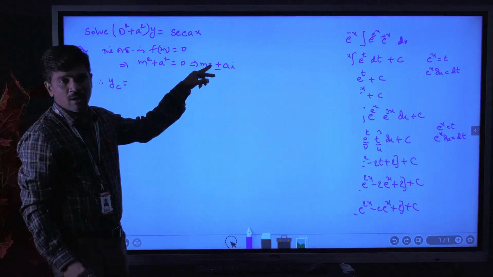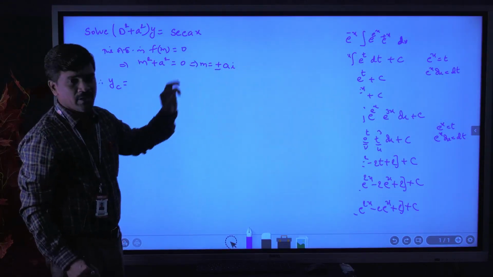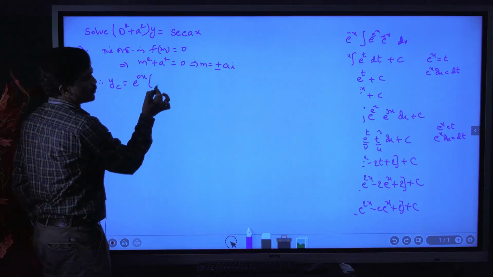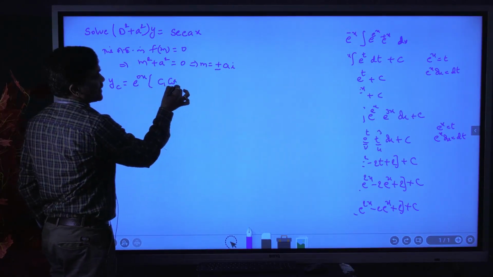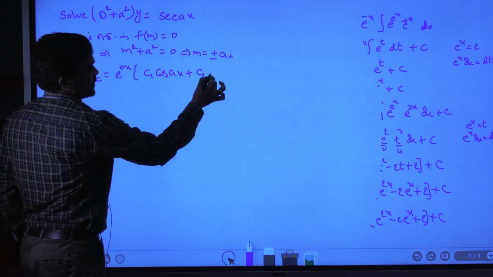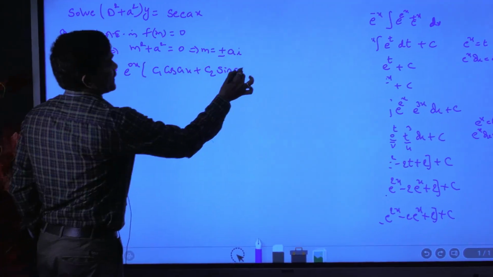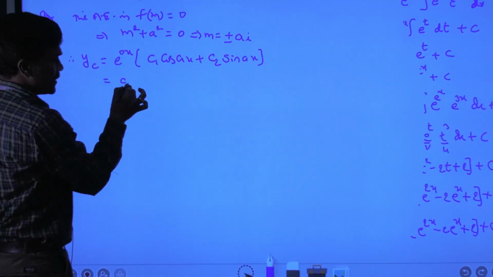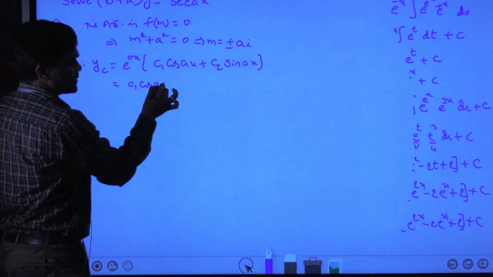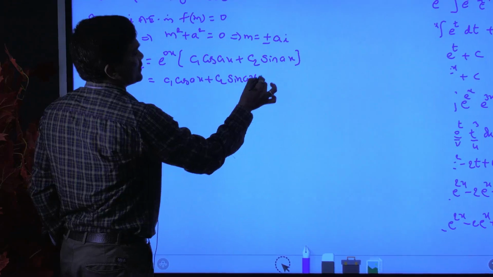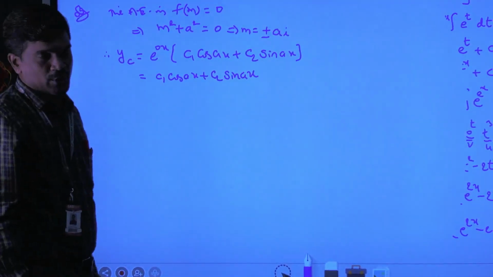In place of a we have 0, and in place of b we have a. So we write e^(0x) into (c1 cos bx, actually with b replaced by a) c1 cos ax plus c2 sin ax. So finally we write the solution c1 cos ax plus c2 sin ax. This is the complementary function.